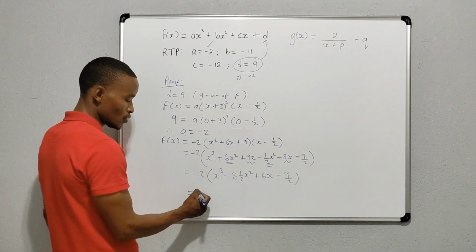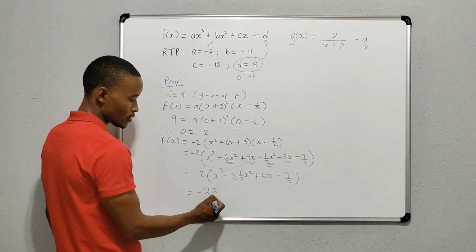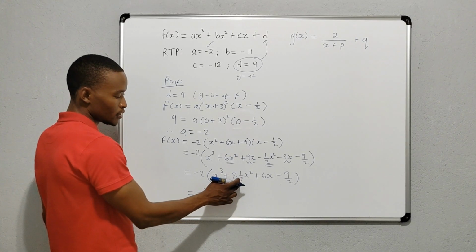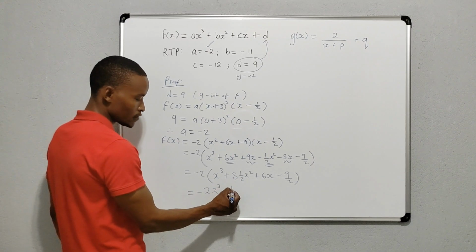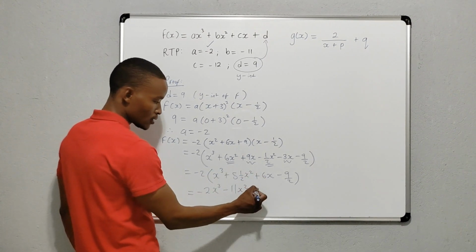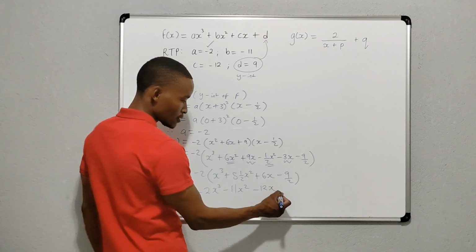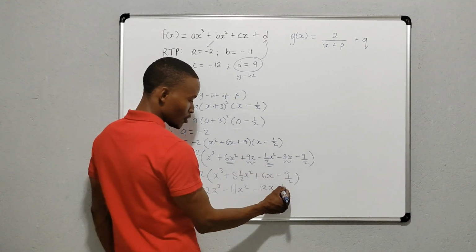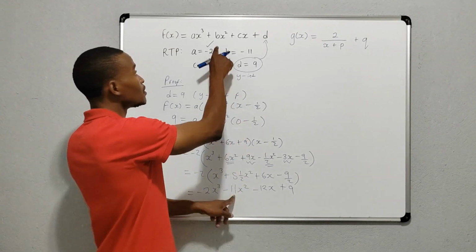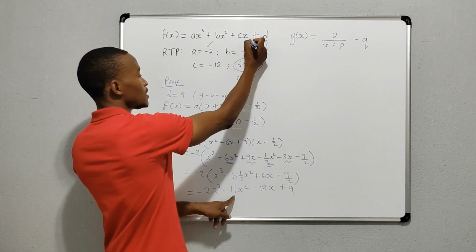If we do so, we get a negative 2x cubed. When you distribute there, what do we get? Negative 11x squared. You distribute there, negative 12x. You distribute there, you get a positive 9. Okay, we get your b value, it's negative 11.